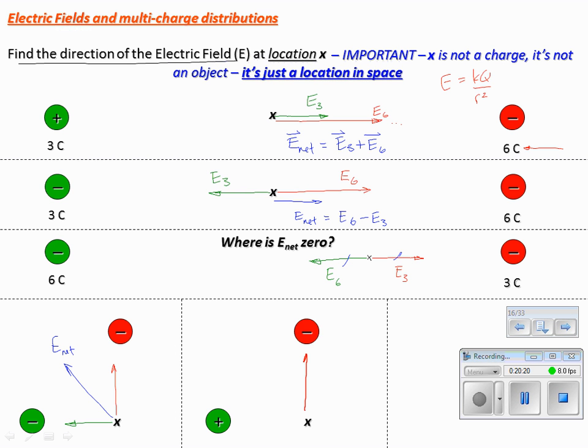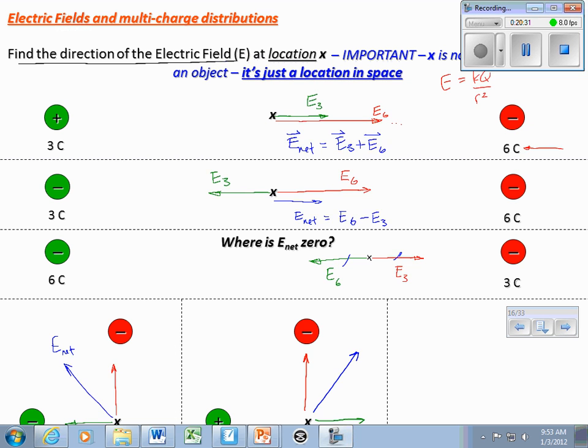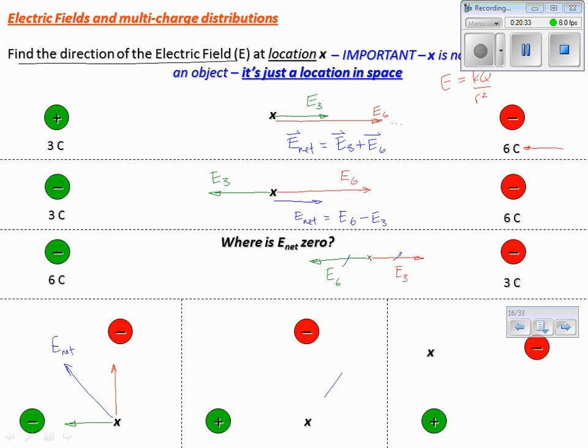We get a field toward negative, a field away from positive, so we Pythagorate and get something like this. Last one, we're away from positive, toward negative. We get a net field that looks like that.